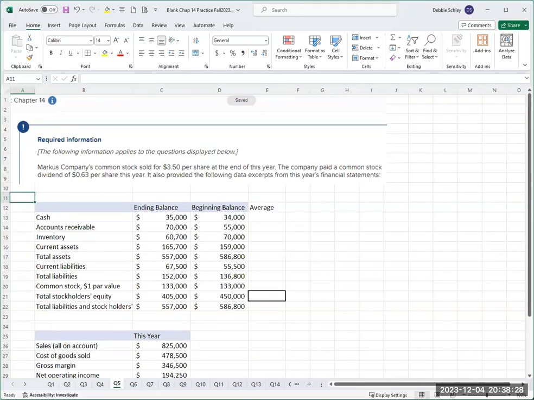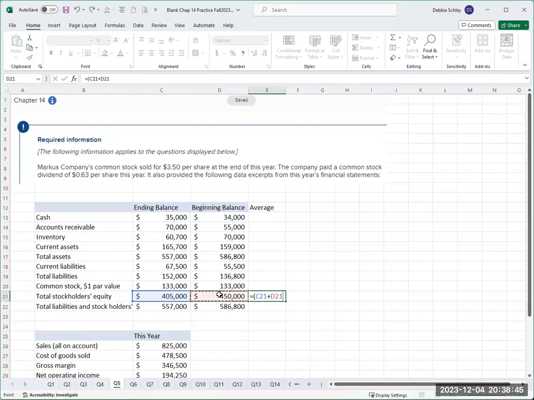Okay, question 5. I'm going to do this first just because I like to do it this way. Equals parentheses. I'm figuring out my average total stockholders' equity. Divide by 2. So beginning plus ending, divide by 2.